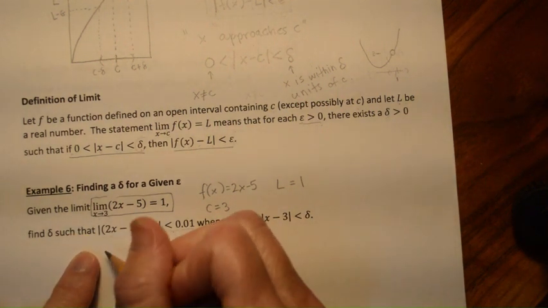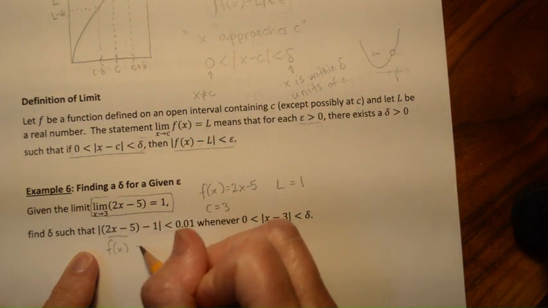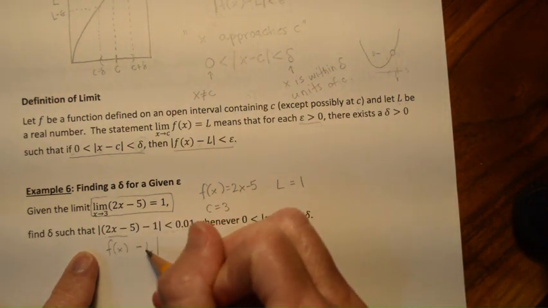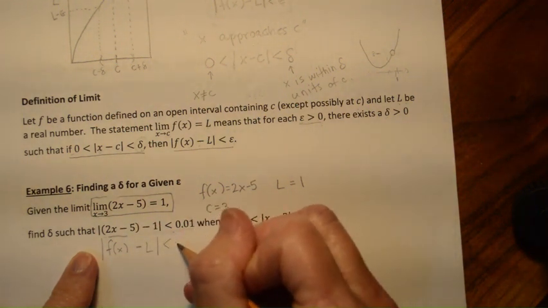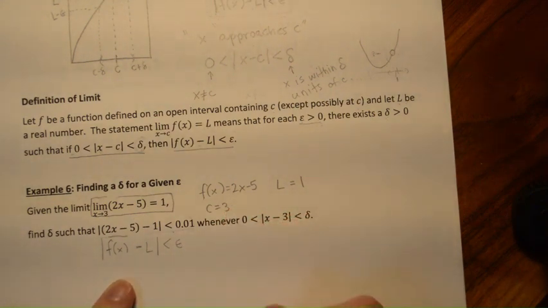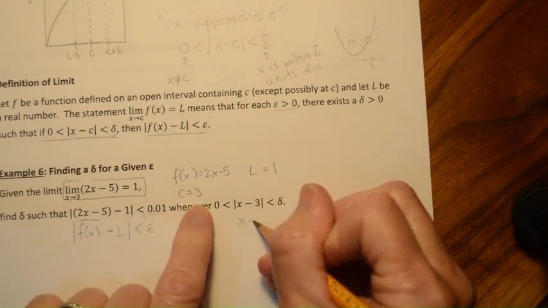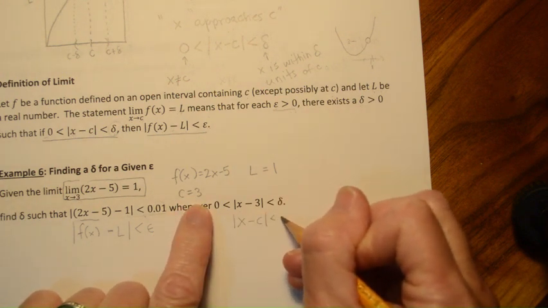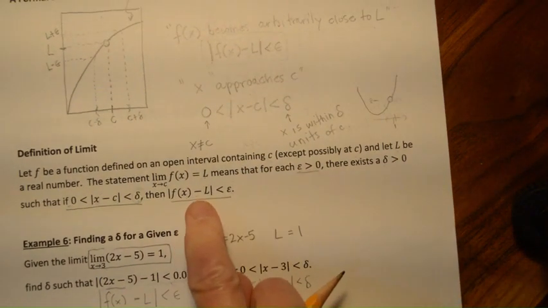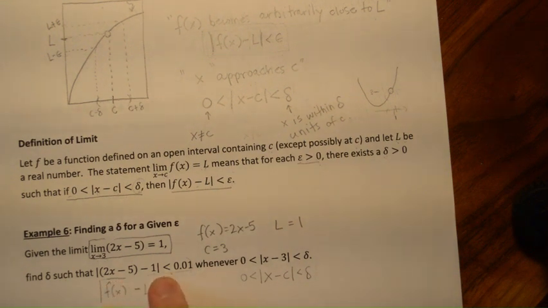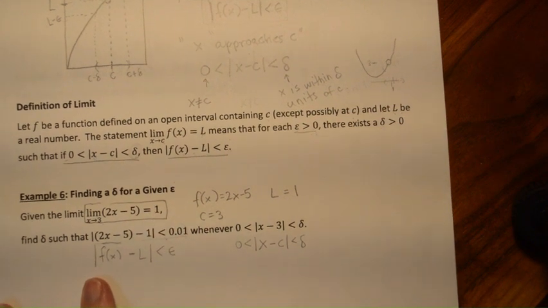Well, if we look up here, this is f of x minus L, and this is the epsilon value right here, and then x minus 3, well, obviously the x, but the 3 is the c value, and there's the delta. All right, so these are the things that are coming from the definition. That's why they chose them. They're not random. They're filling in the values that go along with this limit right here.